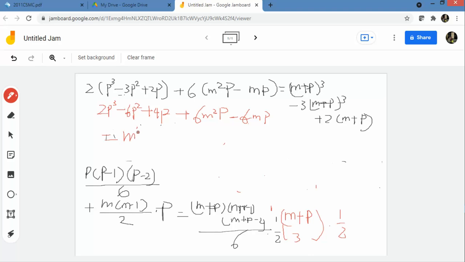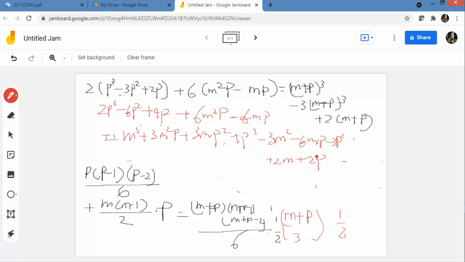This one open is m triple plus 3m square p plus 3mp square plus p triple minus, right, 3m square minus 6mp minus 3p square and 3p square. This is not that good. 3p square, and plus 2m plus 2p.